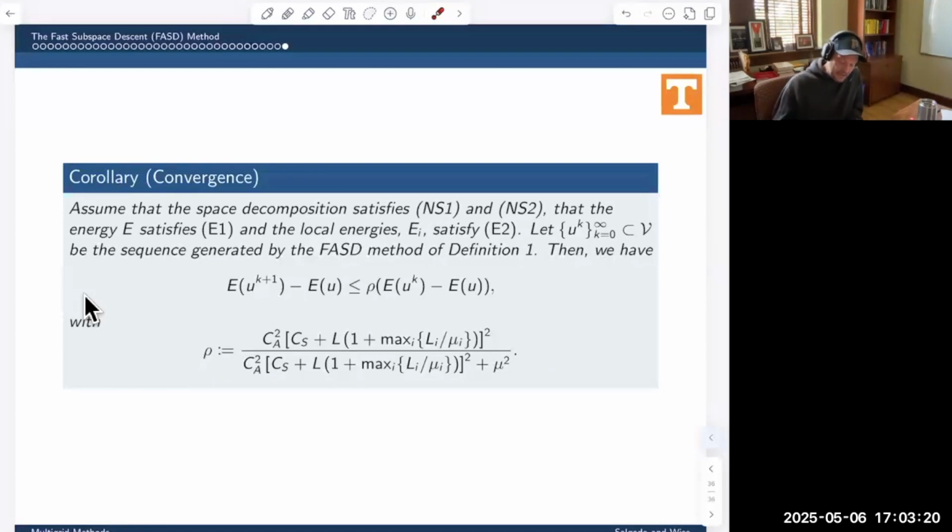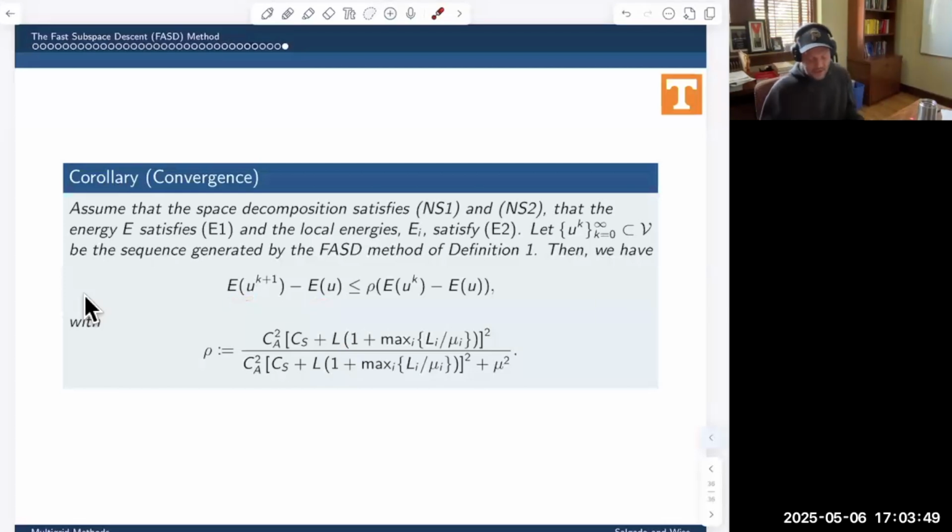The nice thing again is that this is completely n independent because you're taking a maximum here. There's no dependence on n, the number of subspaces. All that it's dependent upon are these parameters CA, CS, which are, again, also independent of n, the number of subspaces, and this mu and L, which are essentially just describing the structure of the energy.